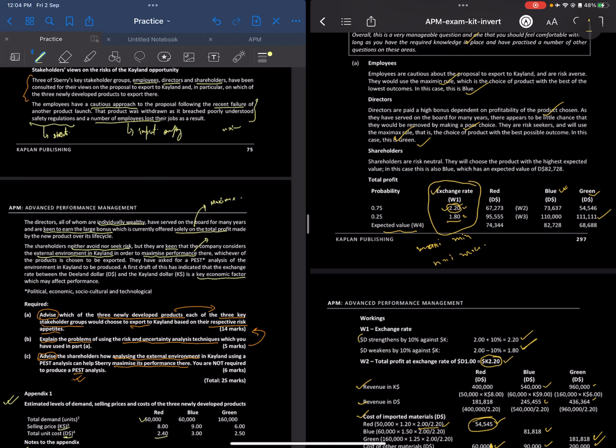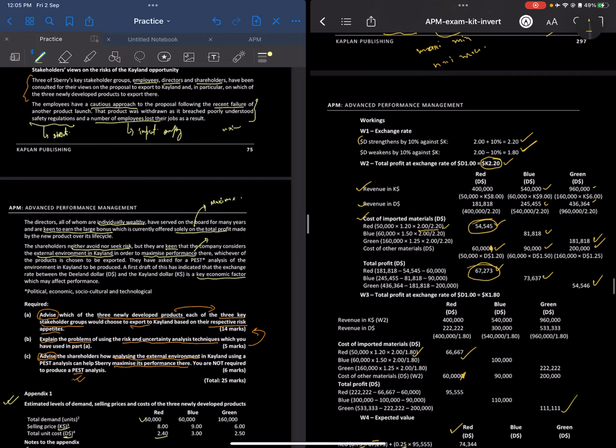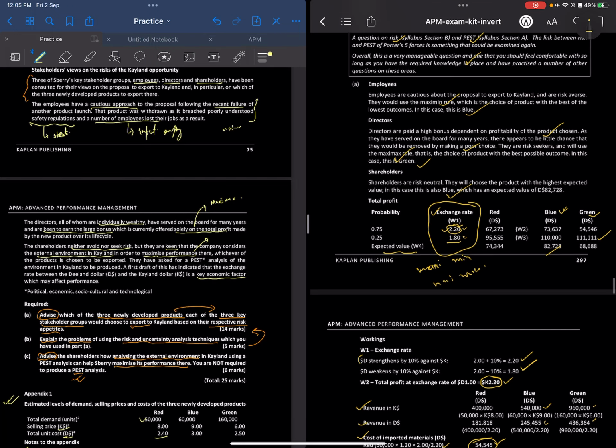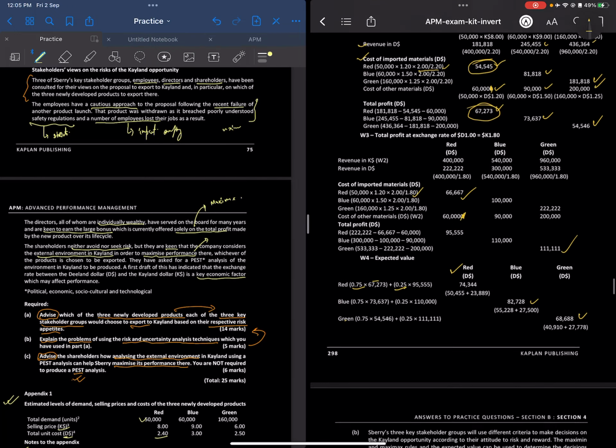And for shareholders, they will make the decision based on expected value, and they will go with the highest expected value. So 82,728, so they will go with the blue. So that's what the decision will be for these 3 stakeholders.